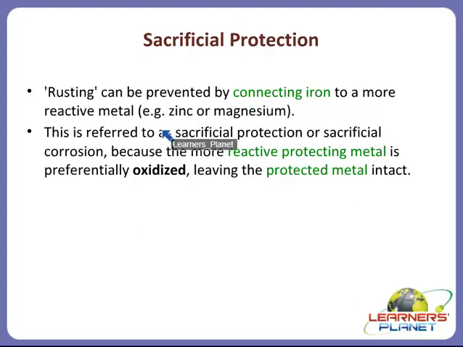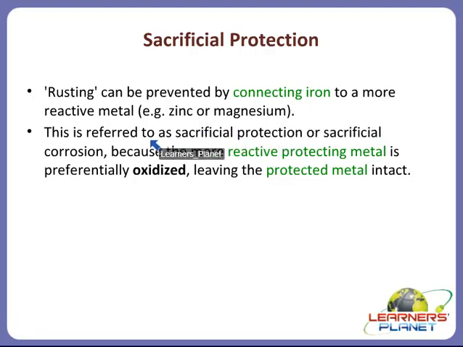So on the basis of the reactivity series, we know that zinc or magnesium are more reactive than iron. So if we are coating iron with zinc or magnesium, what will happen? Your zinc or magnesium will get oxidized. So what is going to get oxidized here? It would be zinc and magnesium and not iron.